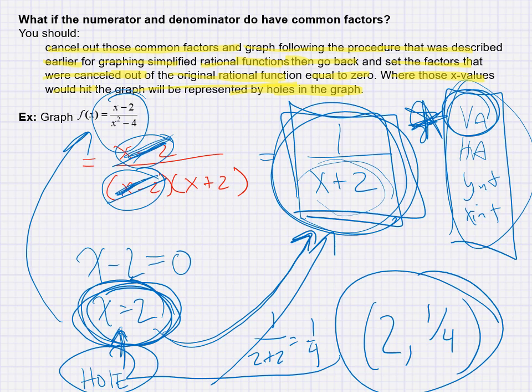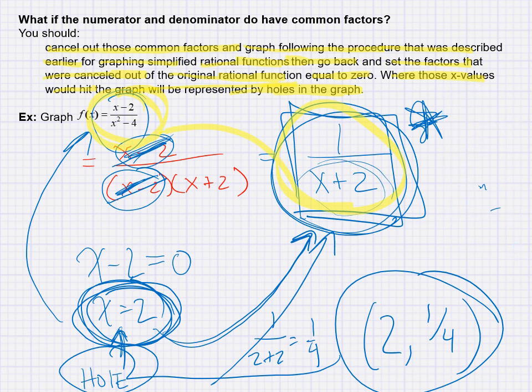So, if we were to graph this function right here, we would simplify it and get this. We would find our vertical asymptote. Let's use red. Which would be x equals -2, because that's when the denominator equals 0. The horizontal asymptote would be y equals 0, because the denominator has a bigger degree.